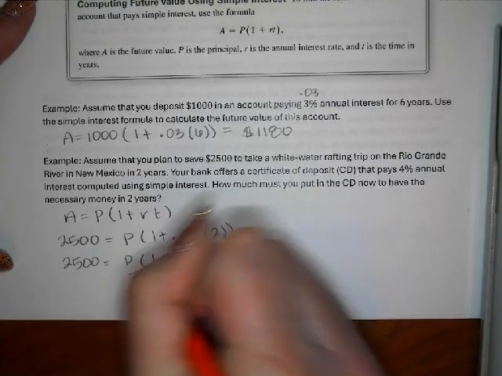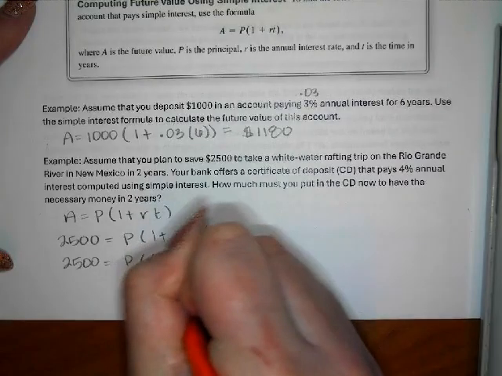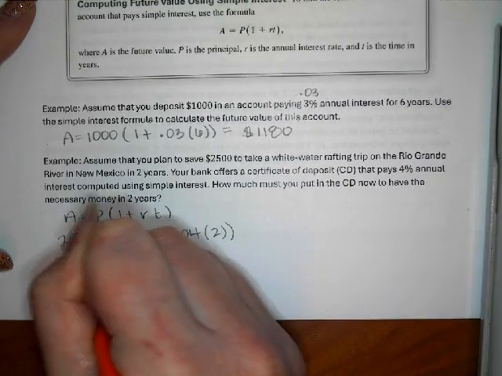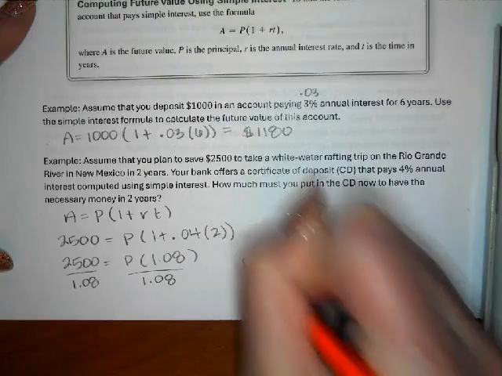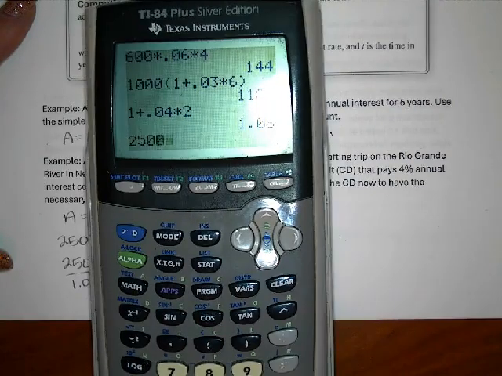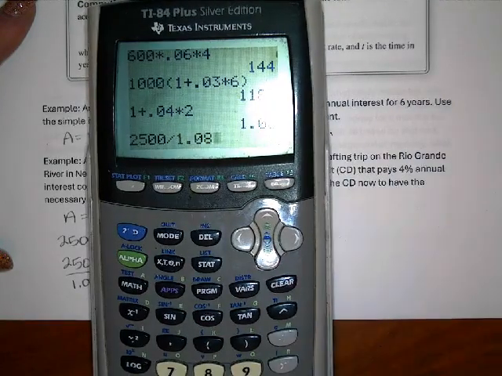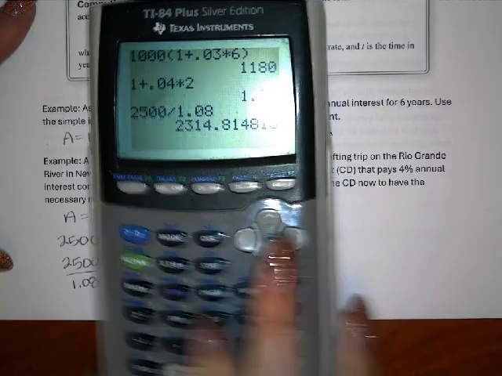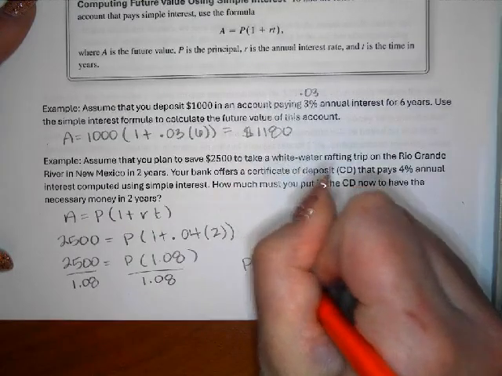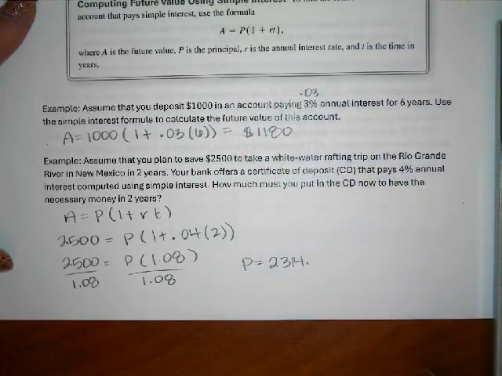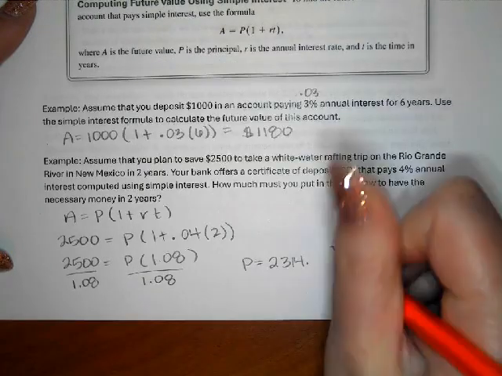So I'm going to divide by 1.08, divide by 1.08. And so the principal value is 2,500 divided by 1.08, $2,314 and 81 cents.